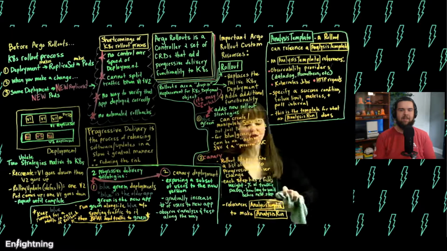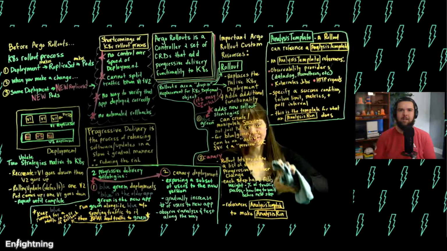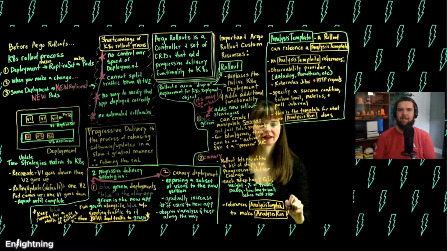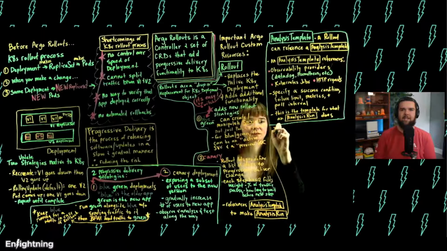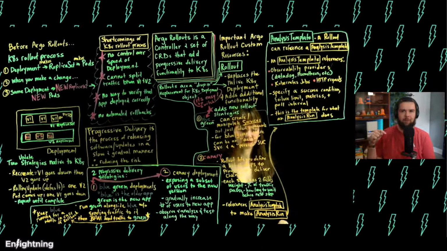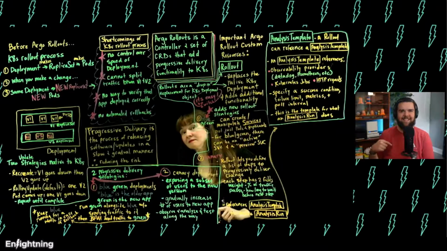So a rollout references an analysis template to make an analysis run. Now I'm going to take this up here. Yeah, so it references the analysis template in the deployment strategies, in the blue green, in the canary. Does that make sense?